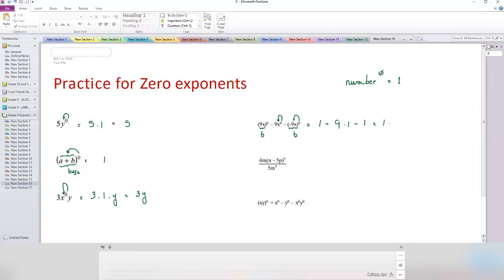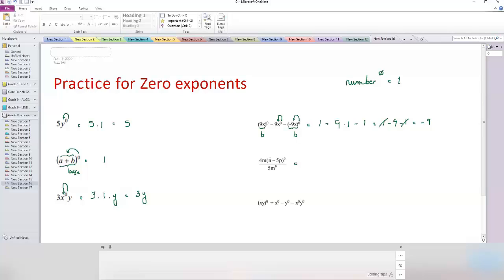So 1 minus 9 times 1 equals 1 minus 9, so negative 8. Negative 8 and negative 1 equal negative 9. Or there is another way: this positive 1 and this negative 1 cancel each other, so I stay with negative 9.